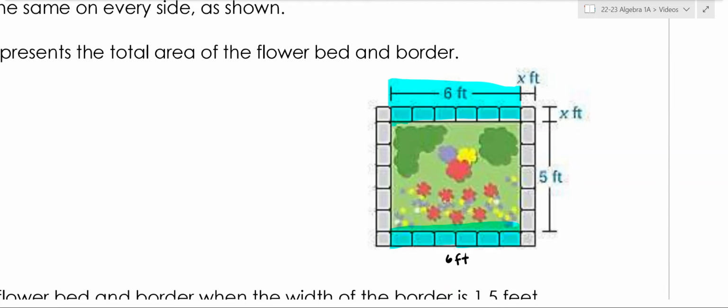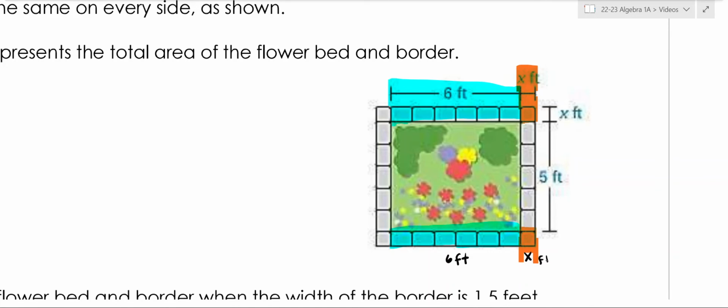And then this distance from here to here is X feet. So that means this distance down here is also X feet.